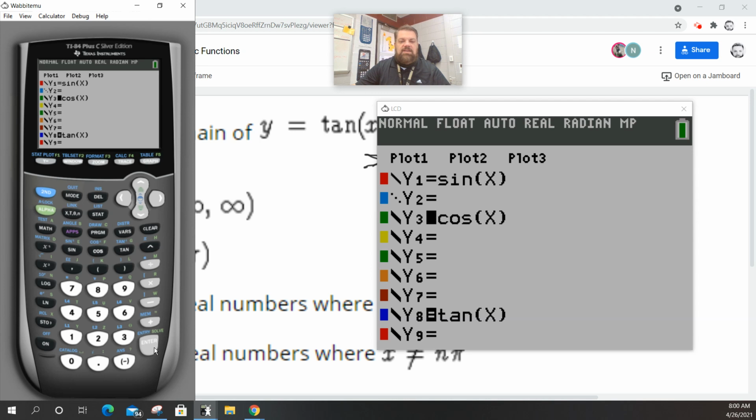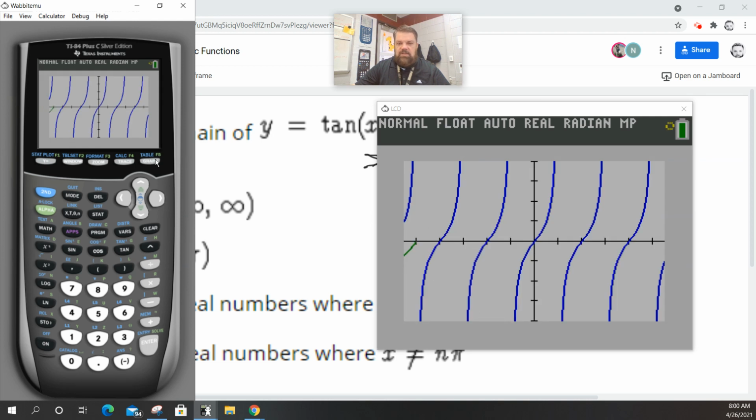So the green one is cosine, and the blue one is tangent. Notice when cosine equals 0, there's like a vertical line. So the blue one is definitely tangent. The green one is cosine, and let me take a screenshot of this so you can see it. Let's hit trace, and I want tangent to show up.